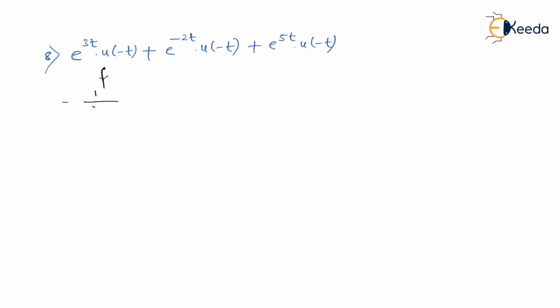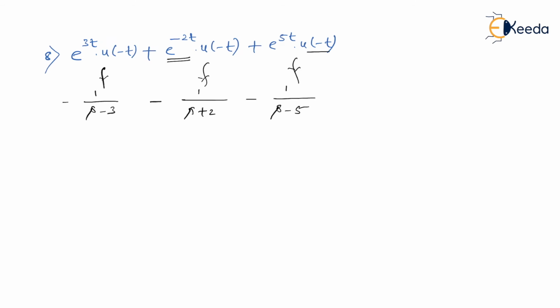It is 1 upon s minus 3 for e to the power 3t. Then for this, again it would be negative of 1 upon s plus 2, since e to the power minus 2t has Laplace transform 1 upon s plus 2. And for the third function we also get a negative, because again it is multiplied with u of minus t, so it would be 1 upon s minus 5.